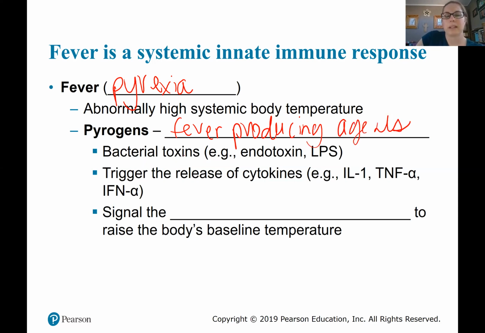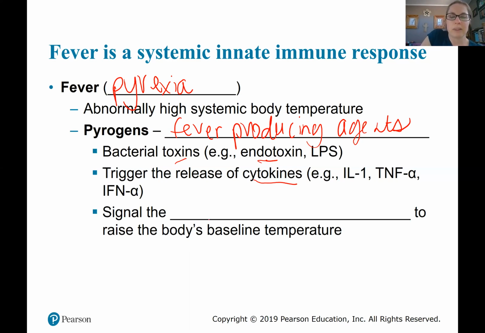So it could be a bacterial toxin like endotoxin from the gram negatives. Could be any number of cytokines, could be any number of things, but it is a molecule or some sort of agent that basically signals the body that there's a foreign invader.